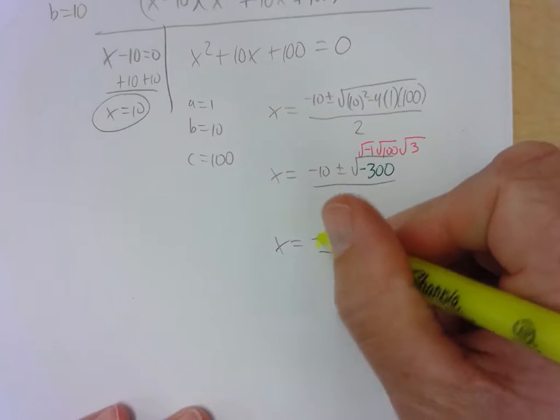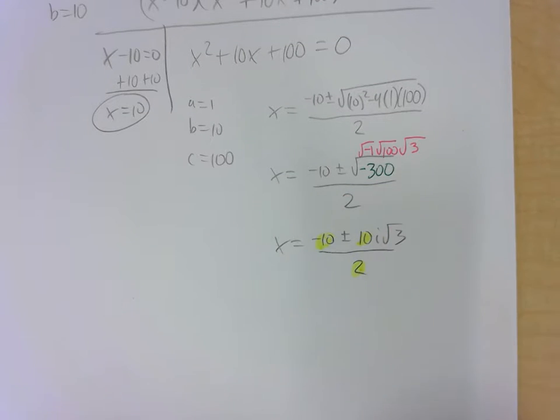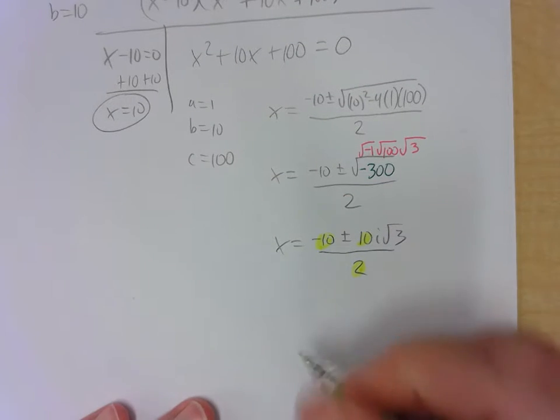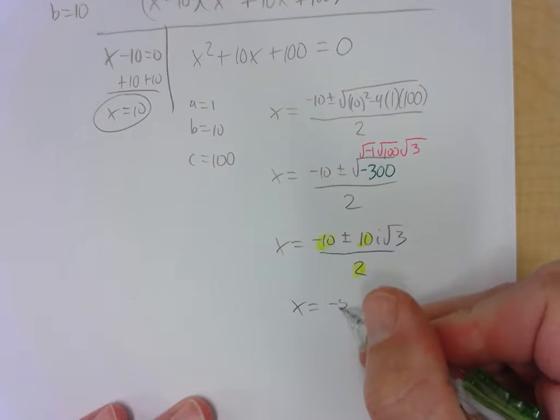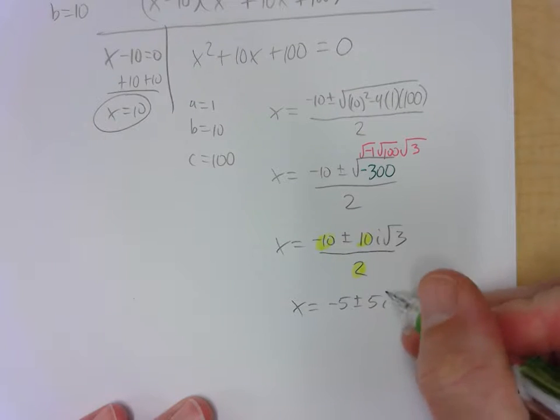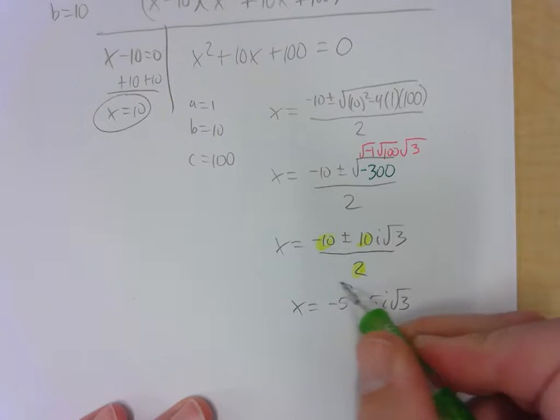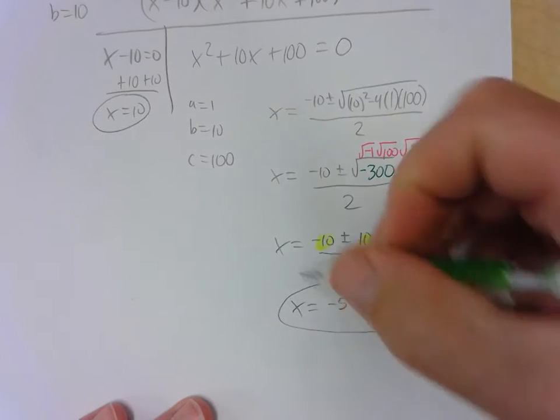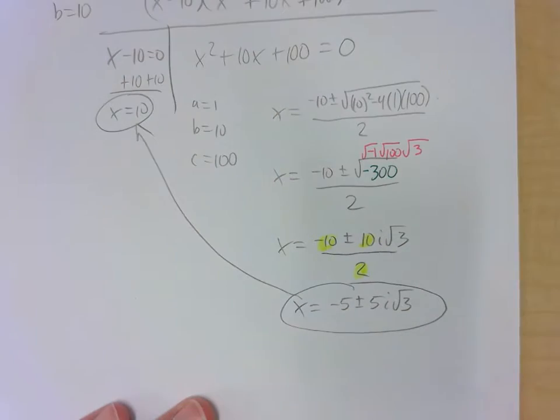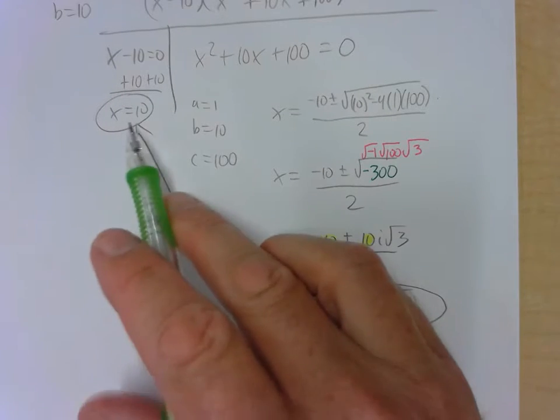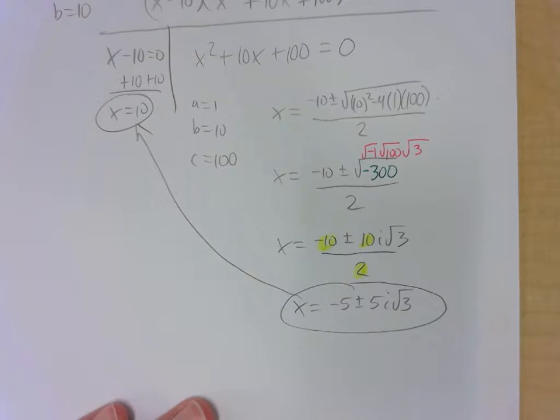All of these are even. So you get x is equal to negative 5 plus or minus 5i radical 3, plus the solution over there. So you get 2 imaginary solutions, 2 complex solutions, and then 1 real solution.